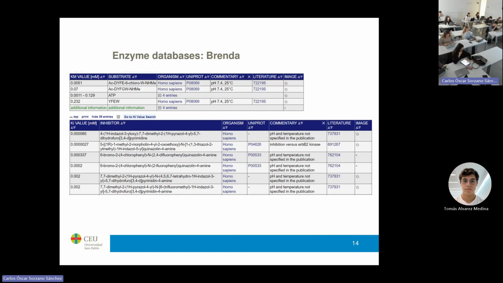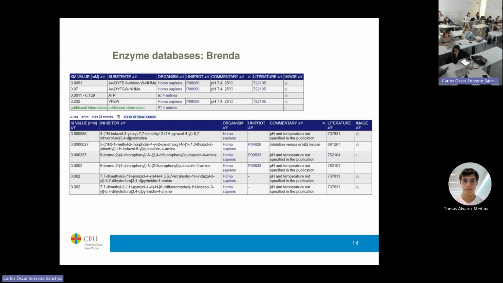The same enzyme on this substrate has this Km value, and so on. And where you have measured that, at which pH, at which temperature, and this is a part of a protein, so which protein is doing that? So this is the UniProt identity ID code of this enzyme here.